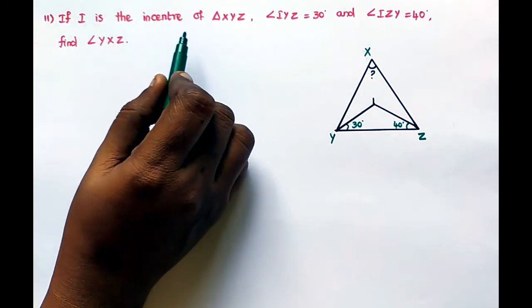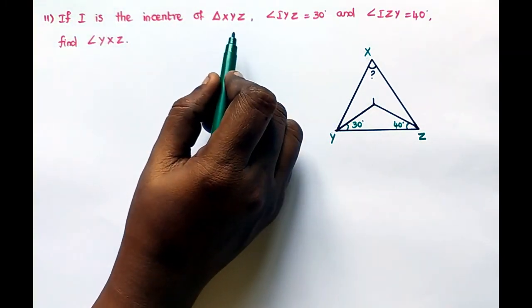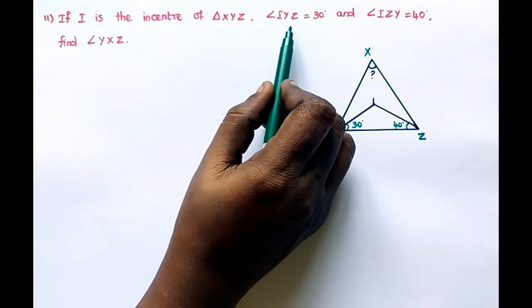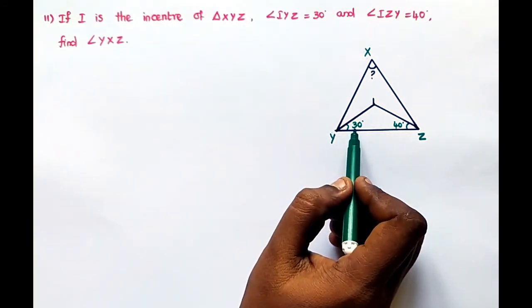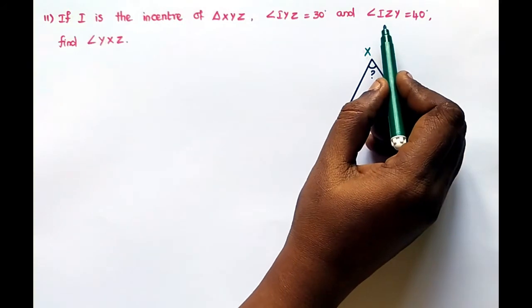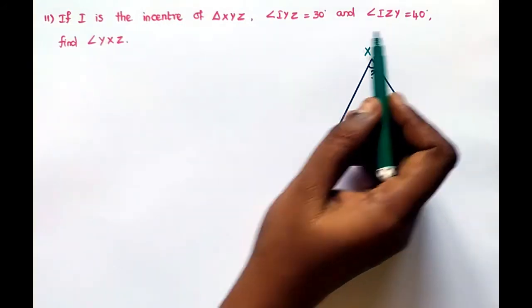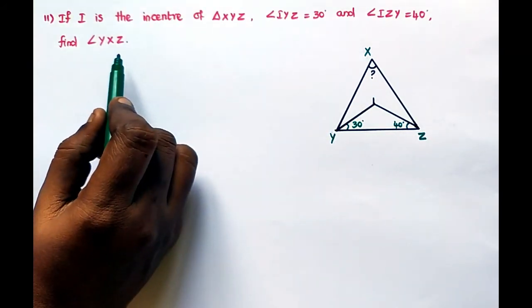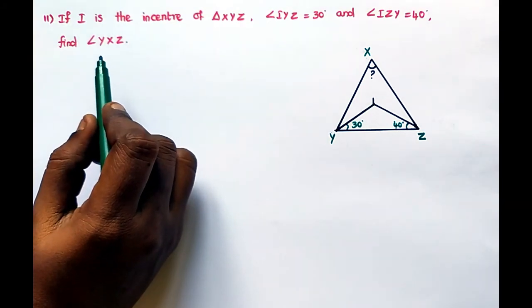If I is the incenter of triangle XYZ and angle IYZ equal to 30 degree and angle IZY equal to 40 degree, find angle YXZ. Listen.